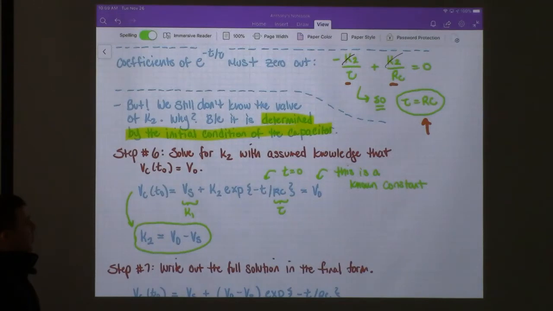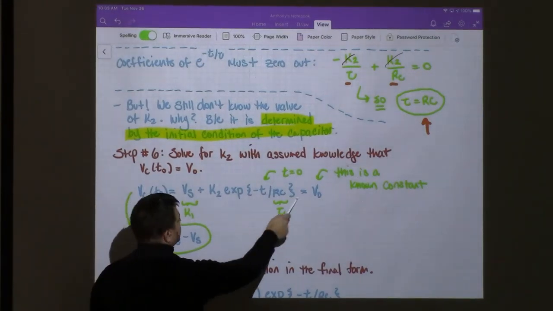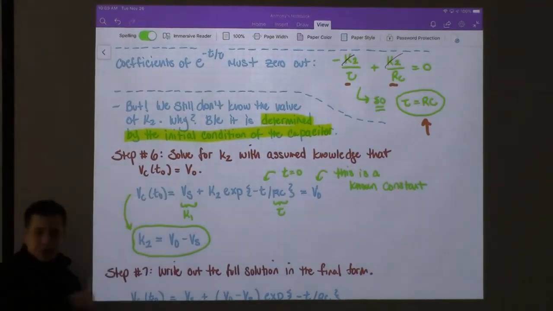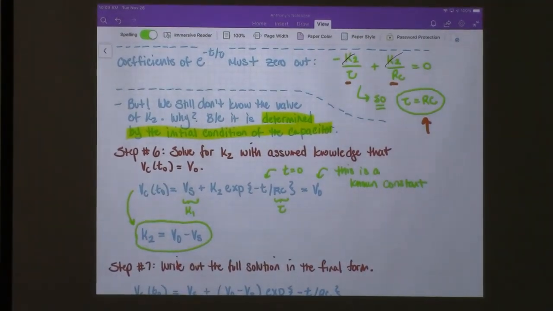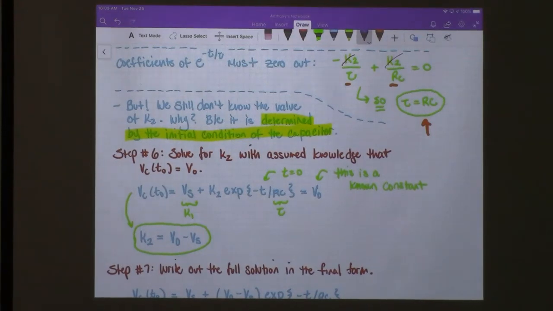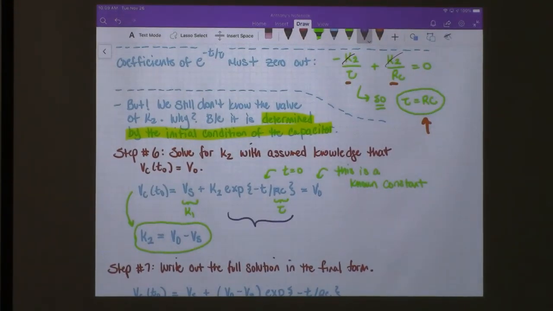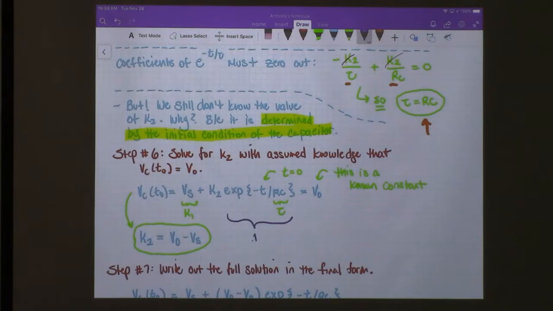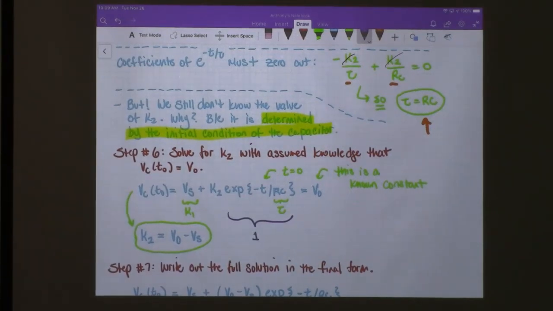And so we'll plug in T equals 0, which will make this portion turn into a 1, right? Because that'll be e to the 0.